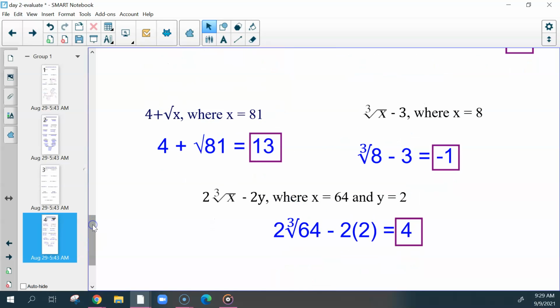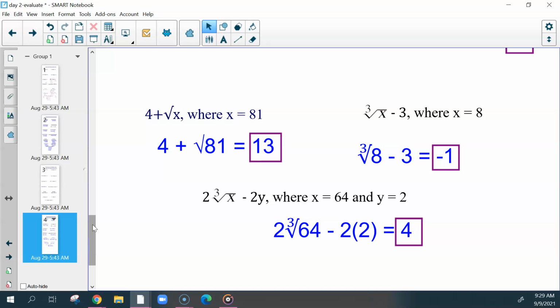For any problem with the cube root, you need to be thinking, what number can I multiply by itself 3 times to get 8 or whatever? So if I'm looking for 8, if I multiply 1 times 1 times 1, will it give you 8, Jenna? If I multiply 2 times 2 times 2, will that give you 8?